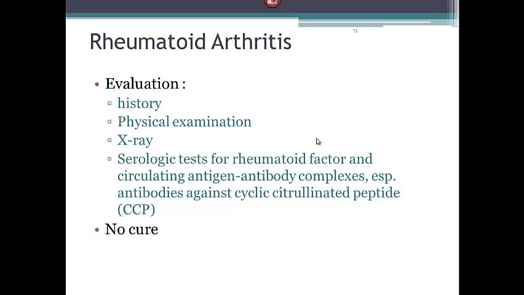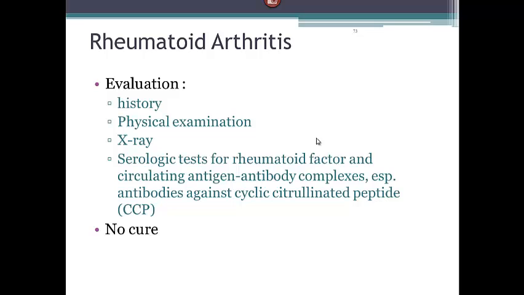You could give prednisone, methotrexate, or any DMARD, which is the traditional disease-modifying anti-rheumatic drug.